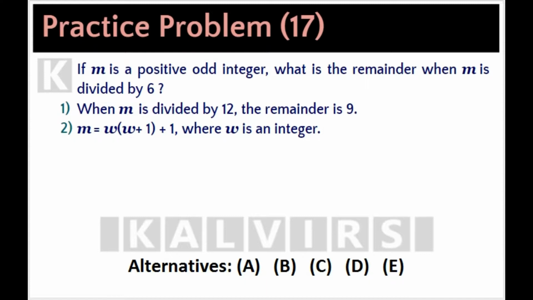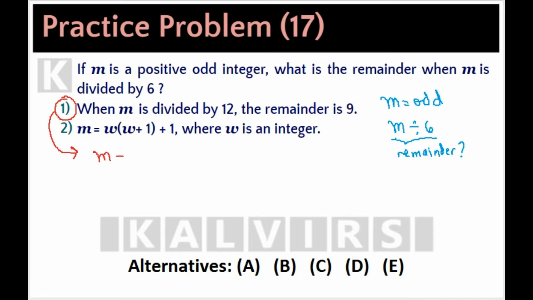If m is a positive odd integer, what is the remainder when m is divided by 6? The question states that m is an odd positive integer, and they want to know the remainder when m is divided by 6. From statement 1 alone, when m is divided by 12, the remainder is 9.